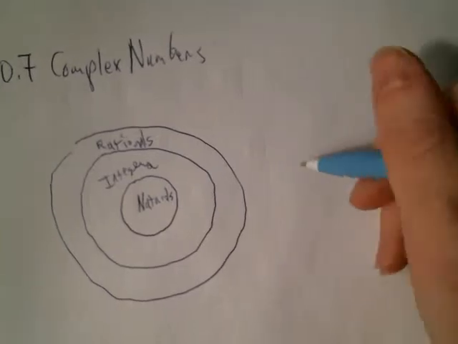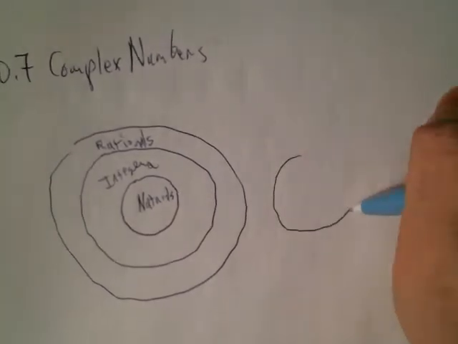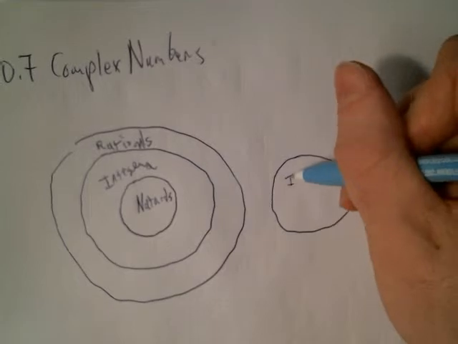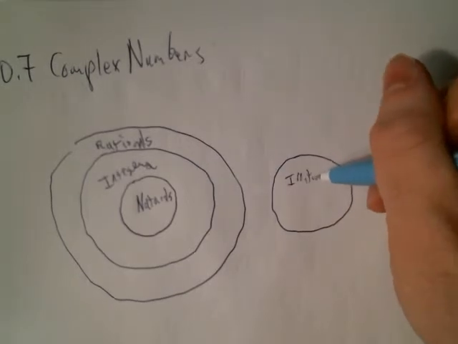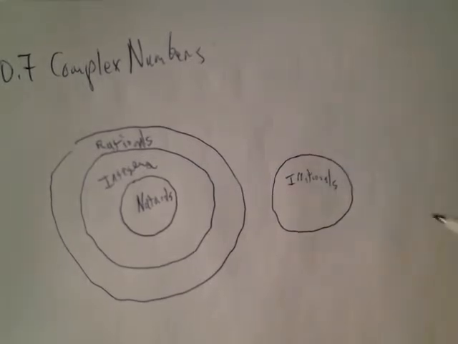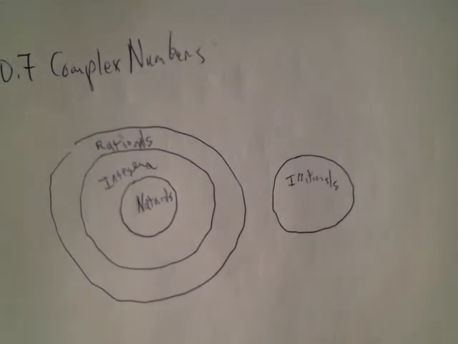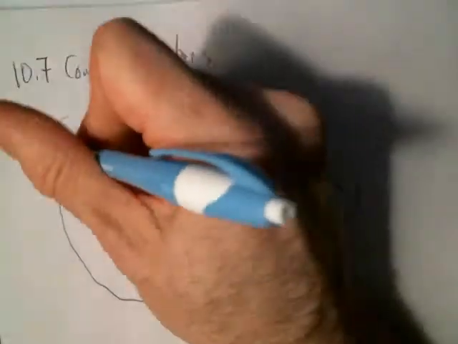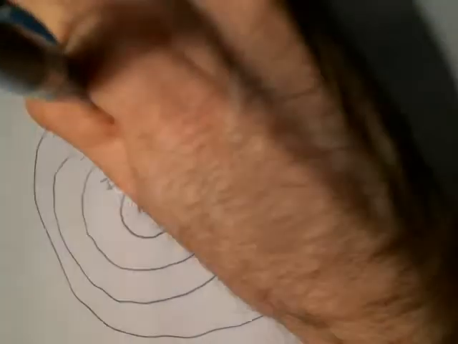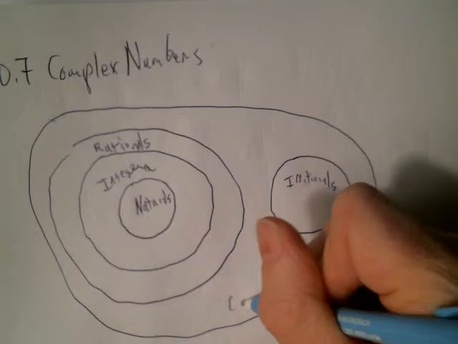And I said, hey, there's more than that. There's these weird numbers like pi and radical 2. We call those the irrationals. And so now what we're going to say is, oh, there's even more than all of that. And we call those complex.